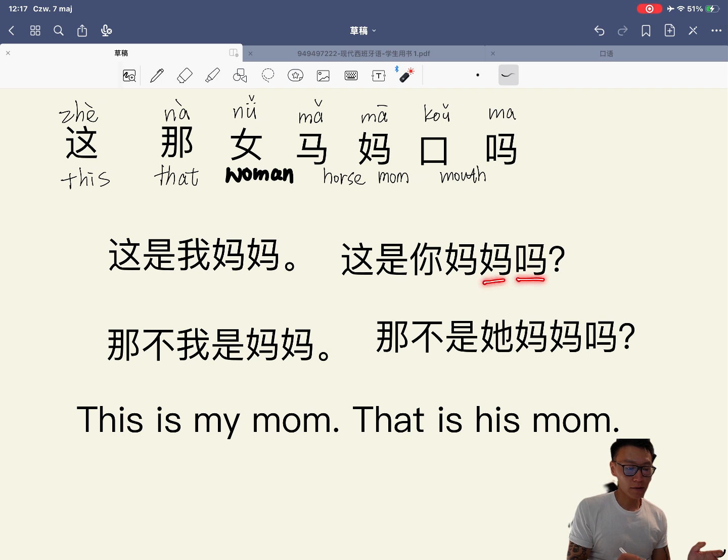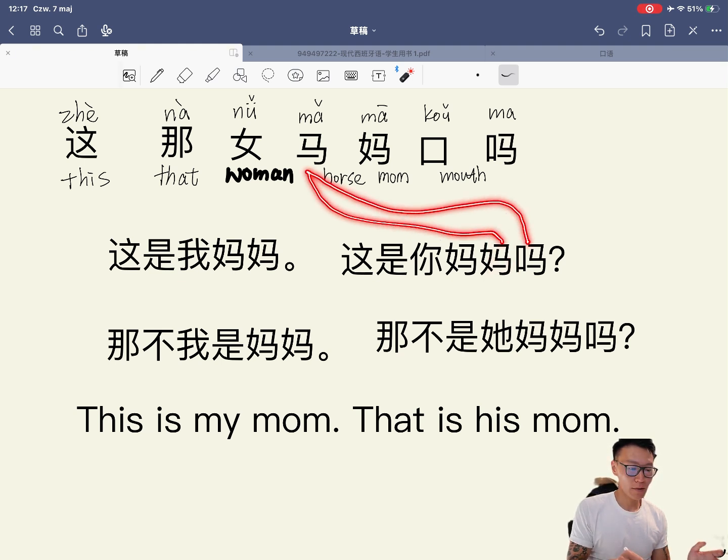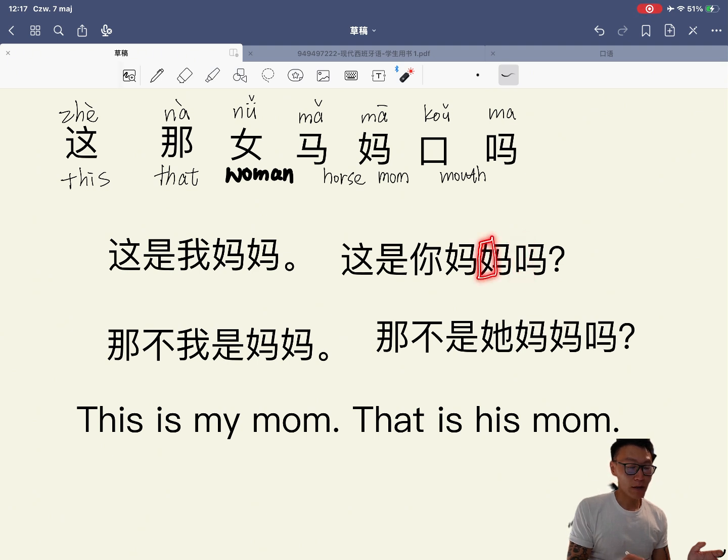These 2 characters have the same right part, which is ma. Yes, you can see it. They're the same. And ma means horse. But if we add a different left part to this ma, then we have different characters. If we add this part, which indicates woman, then we have ma as mother.